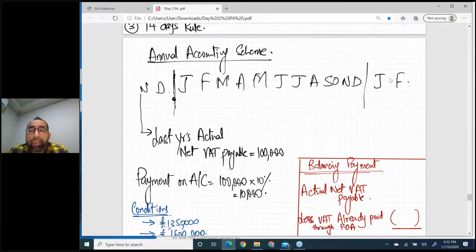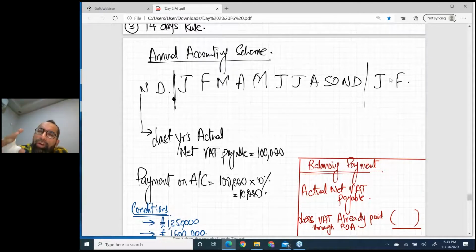annual accounting scheme is for those traders who can't bear the administrative burden. Because if you don't apply annual accounting scheme, you have to file four VAT returns every year, because the normal reporting is quarterly reporting. So just think, there is a company and they are very busy people, they don't have time.